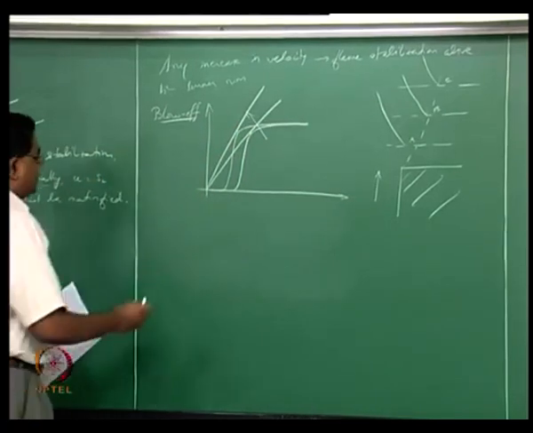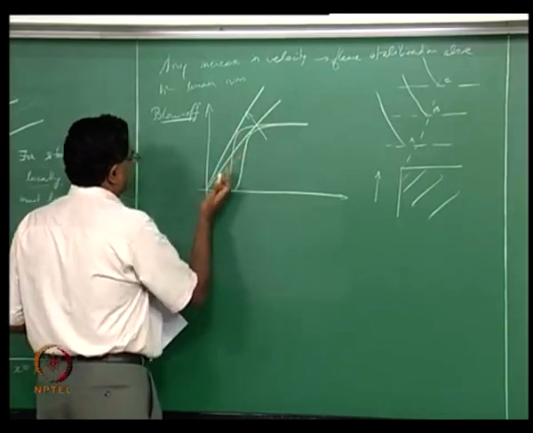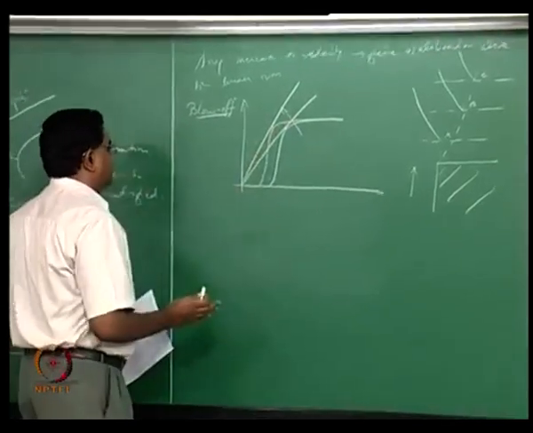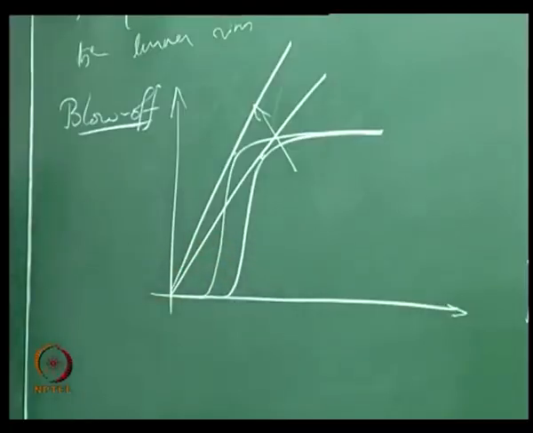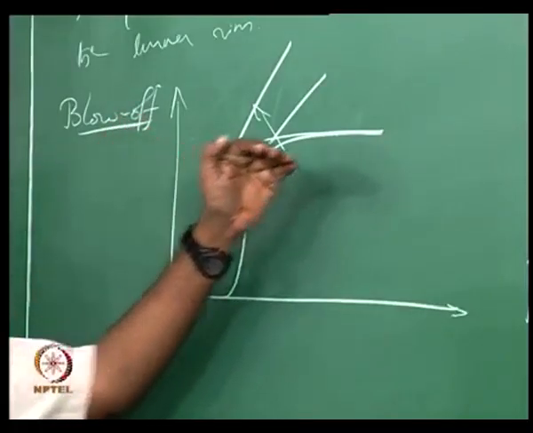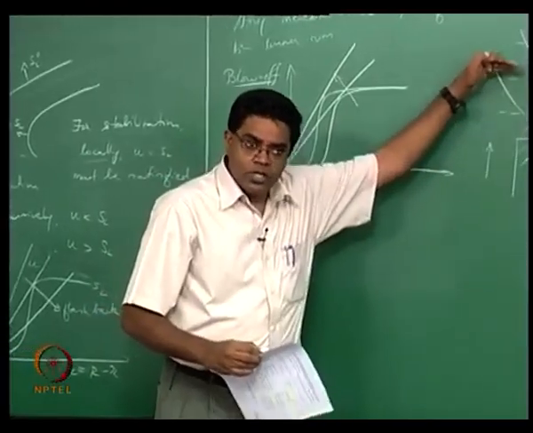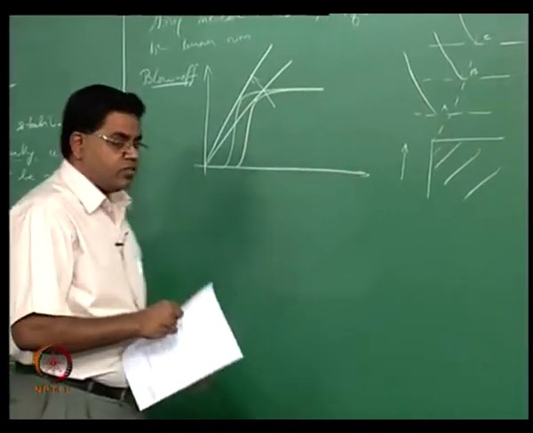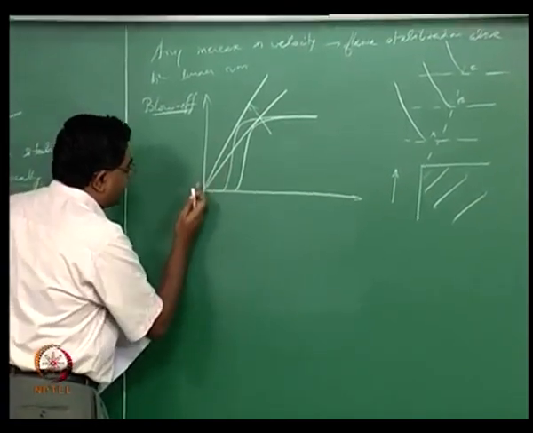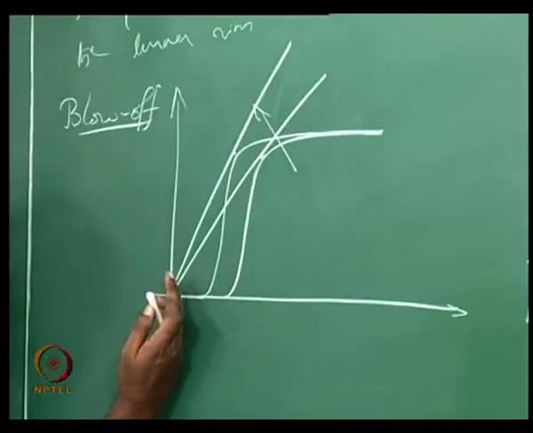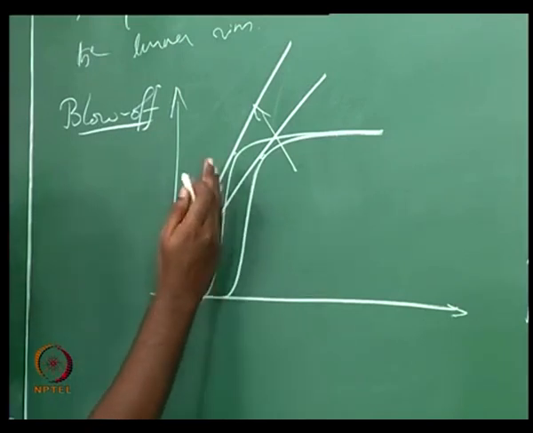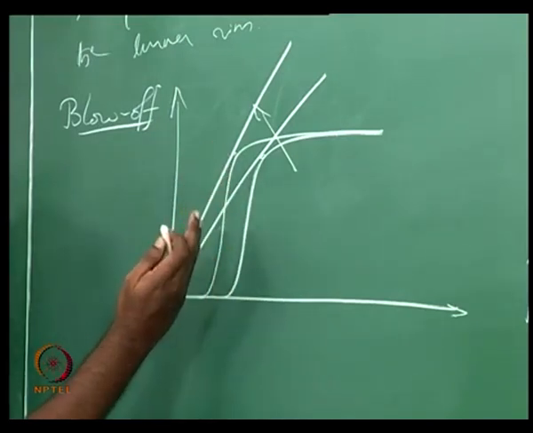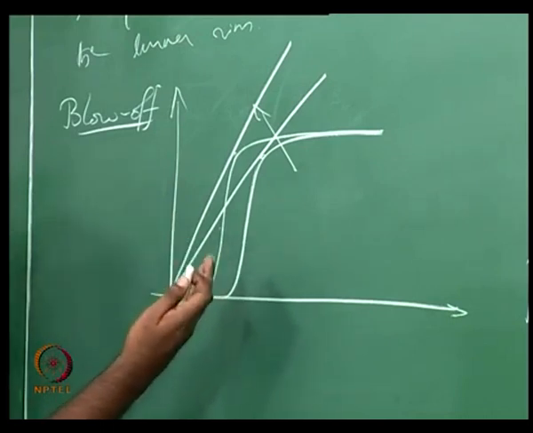Of course, looking at how this curve looks, maybe I should have drawn it with a lesser slope than what I have done, but essentially what this means is, when you increase your velocity, the flame is getting pushed up, therefore the heat loss is less. So if you think about a distance going a little bit away from the rim, you can see that the flame speed is beginning to rise sooner than the previous case, and the reason for that was a decreased heat loss situation.